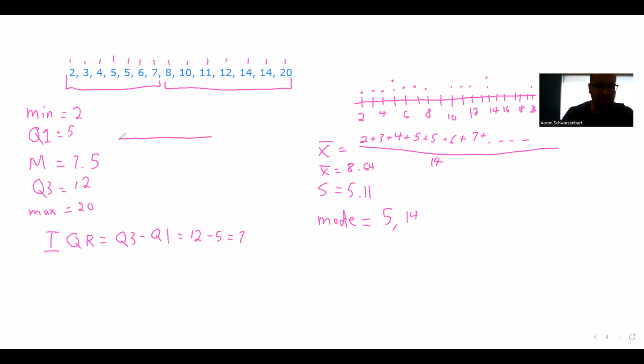I can make a box and whisker plot out of this. So I make my line here.